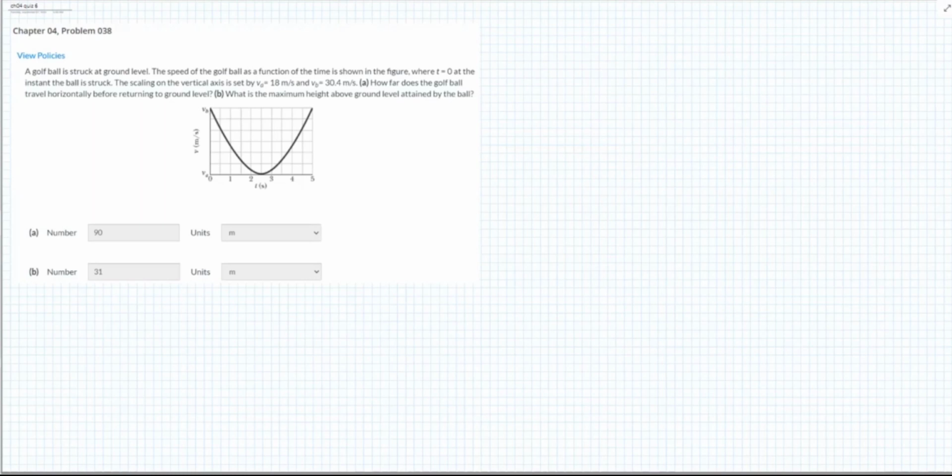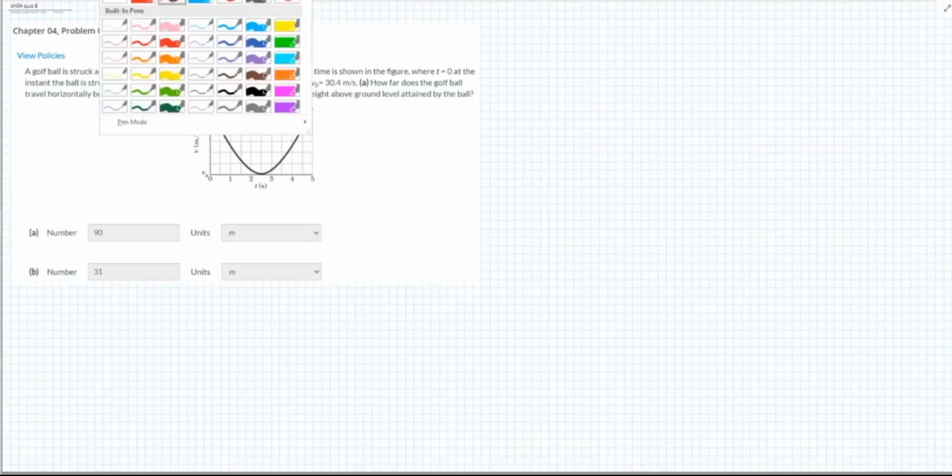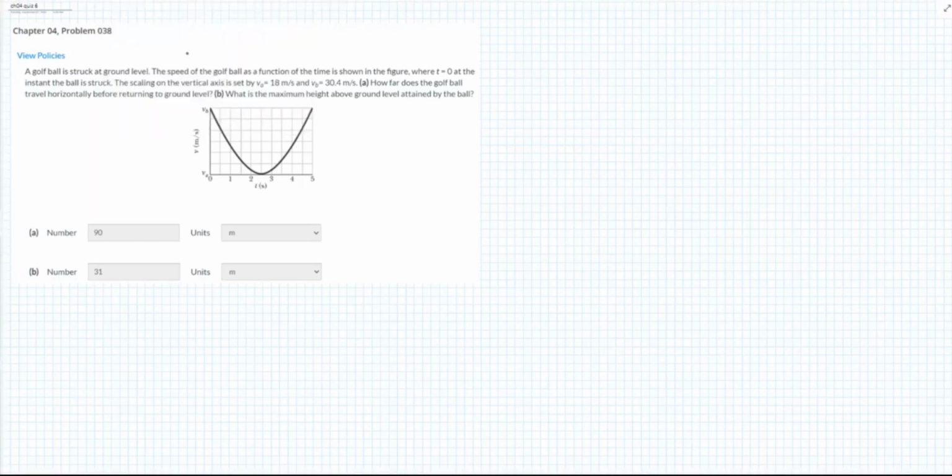I can just start applying it. So let's go right into application. A golf ball is struck at ground level. So now we have a graph though. How far does the golf ball travel horizontally before returning to the ground? Interesting. So number 1, let's do the picture. Here's my golf ball.